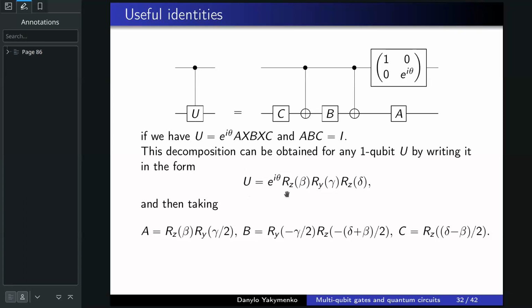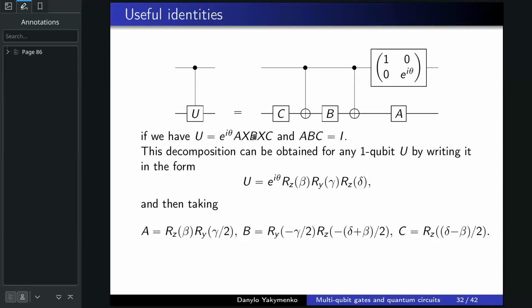As was mentioned earlier by Andrei, we can express any single qubit unitary as a product of three rotations over the z-axis, y-axis, and z-axis again, by some three angles. And when we have found this decomposition, we simply can take these operators A, B, and C by these formulas. And then these two identities will hold.